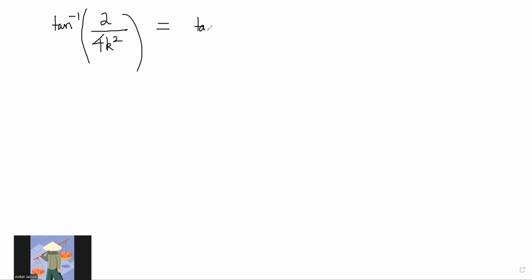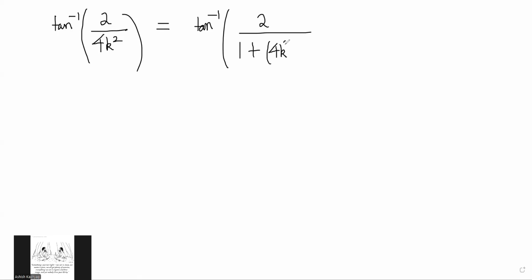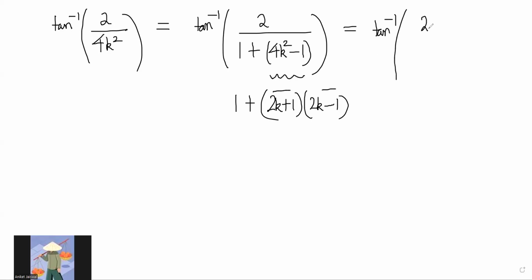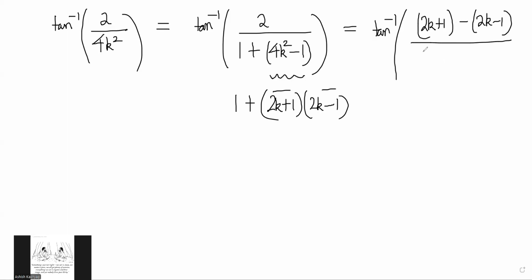So let's write it like this: 1 plus 4k square. Now we can write the difference on top as the difference of this and this: 2k plus 1 minus 2k minus 1, divided by 1 plus (2k plus 1) into (2k minus 1).